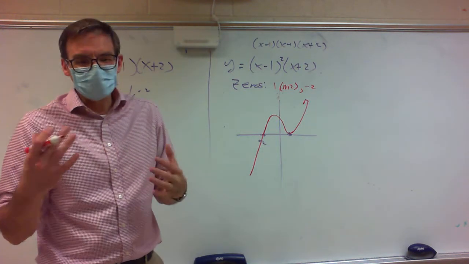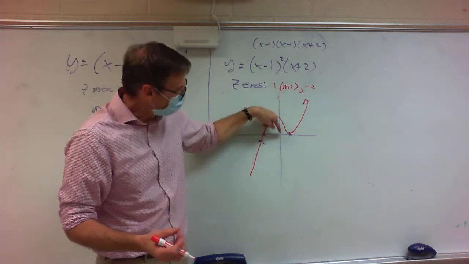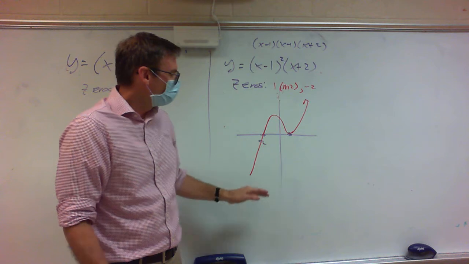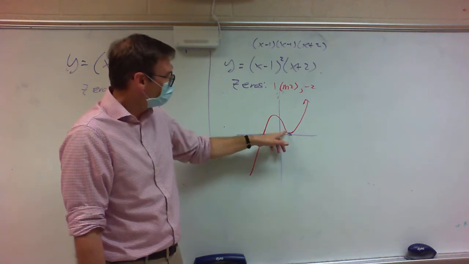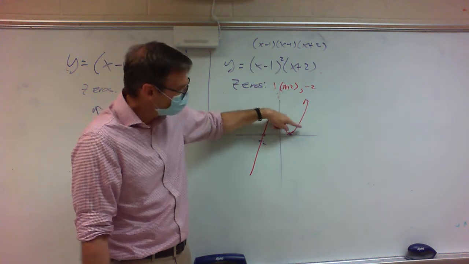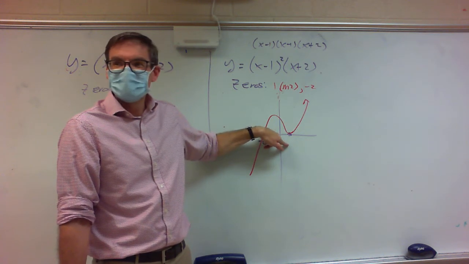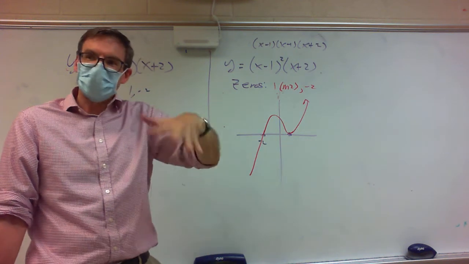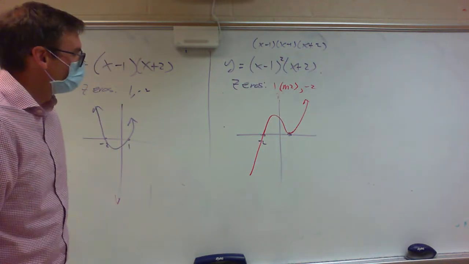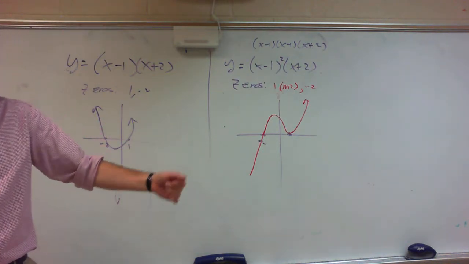It kind of makes a little parabola. See, if it's 1 multiplicity 2, see how it makes a little parabola at 1? So it doesn't go underneath, it just bounces. And does that picture look like an x cubed graph?